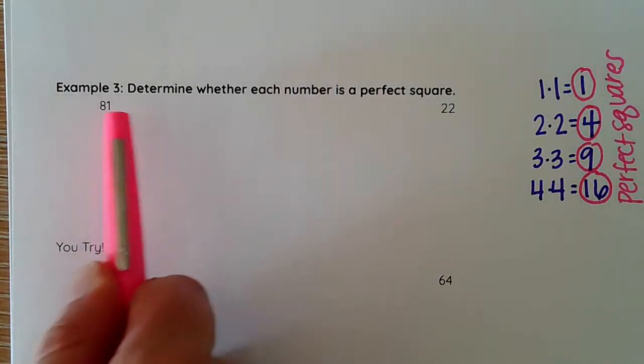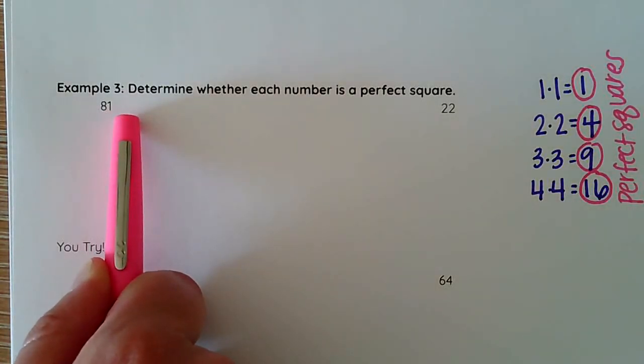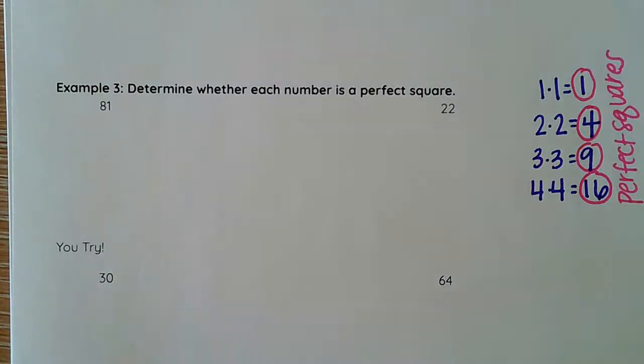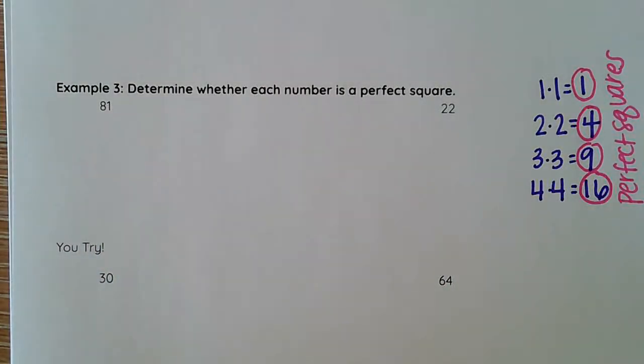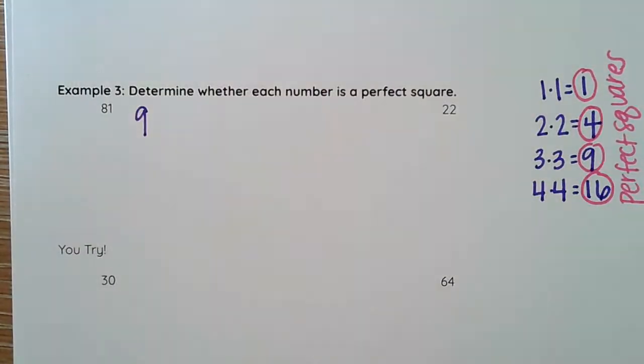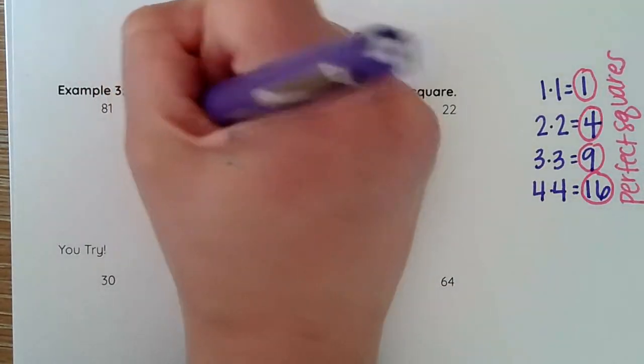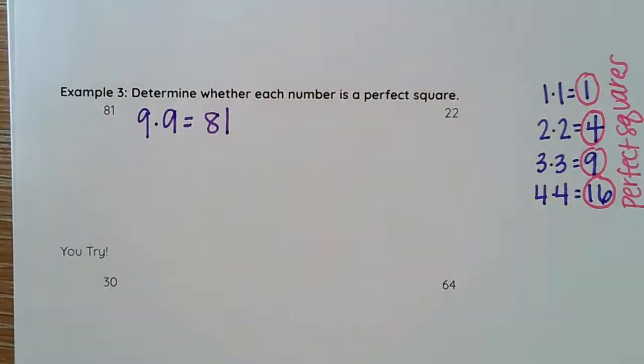So we have to determine what factors these numbers have and if a number multiplied by itself will get us these numbers. So I think about the factors of 81 and I come to 9. 9 times 9 equals 81.